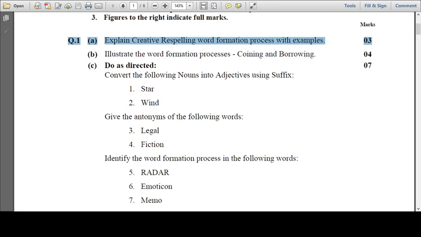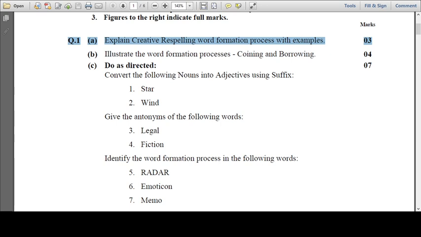So what could be the answer? You can start with what is creative respelling. Here you need to explain the creative respelling word formation process.